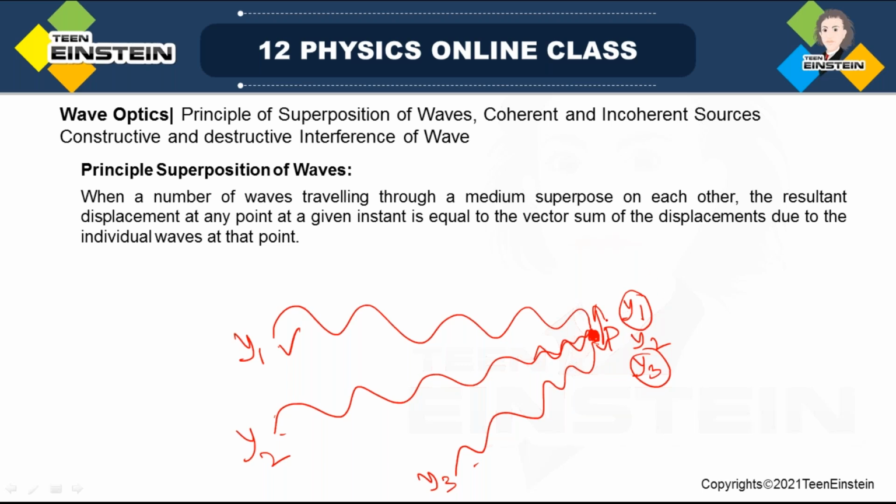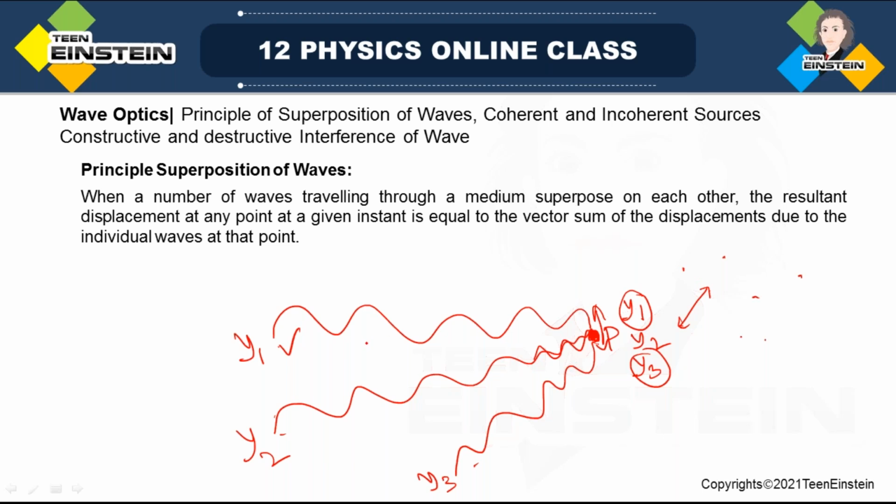This same superposition principle we have seen in electrostatics, when we calculate electric forces or electric field for multiple charges. We take the effect of two at a time, we just don't see the others.